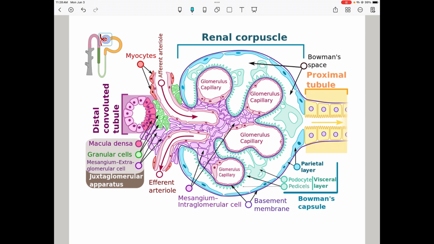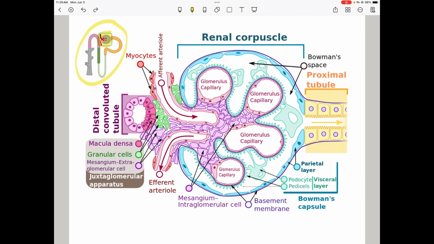This image is from Wikipedia Commons, and if you look at the left-hand corner up at the top, you will see a schematic of the nephron. This area that I'm highlighting is essentially the area that is going to sense the perfusion and make adjustments.